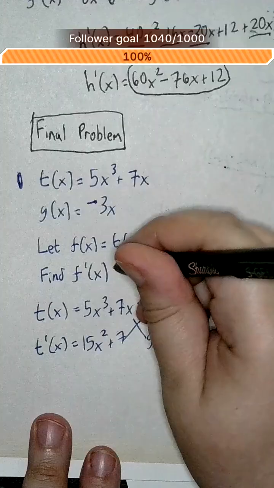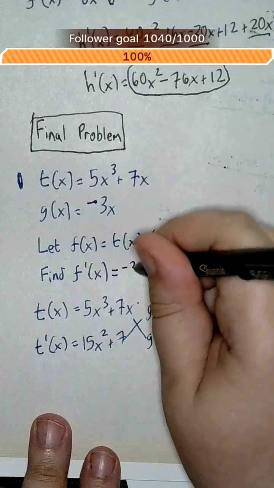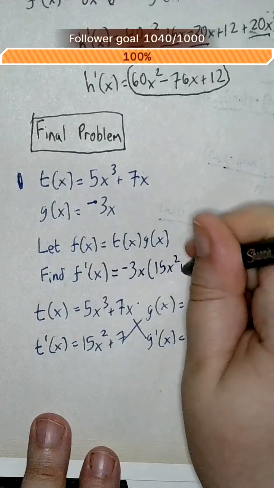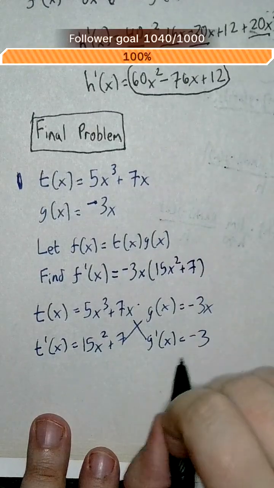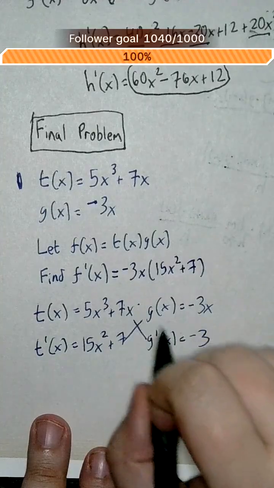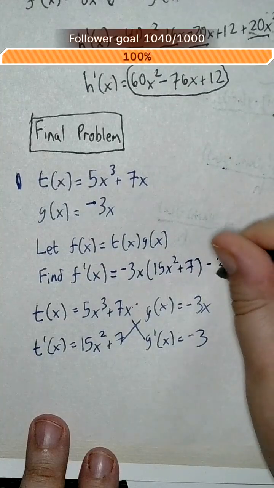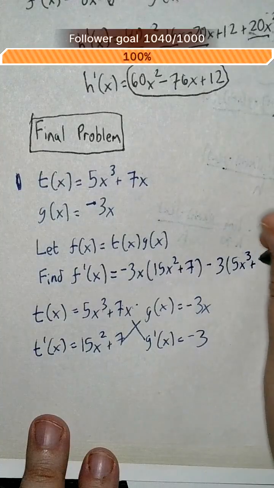So this is going to be negative 3x times 15x squared plus 7, plus, I'm going to leave the plus here. Why? Because I have positive times negative, so that's going to be minus 3 times 5x cubed plus 7x.